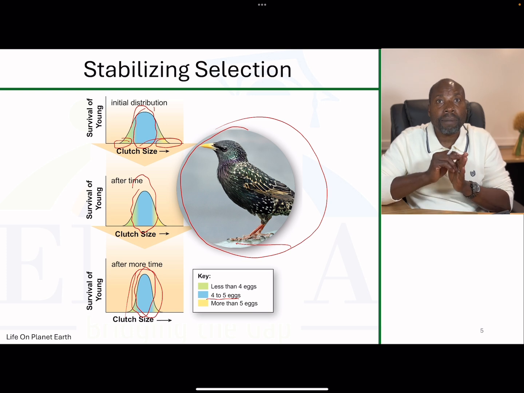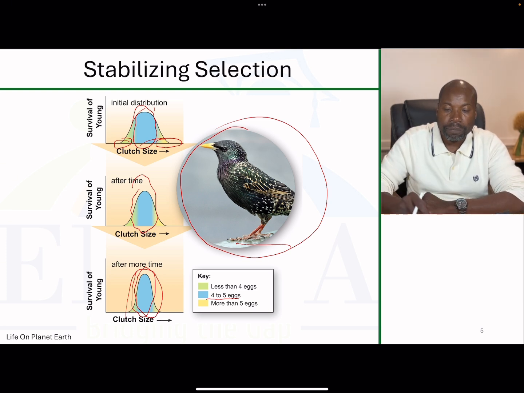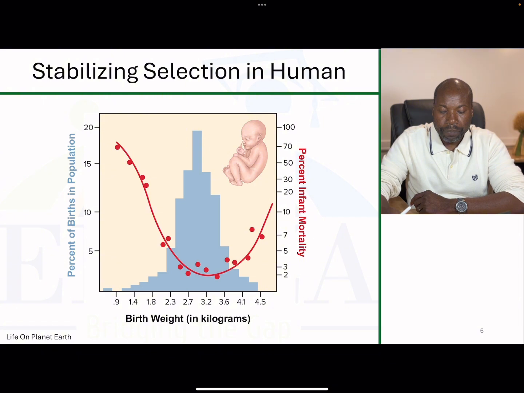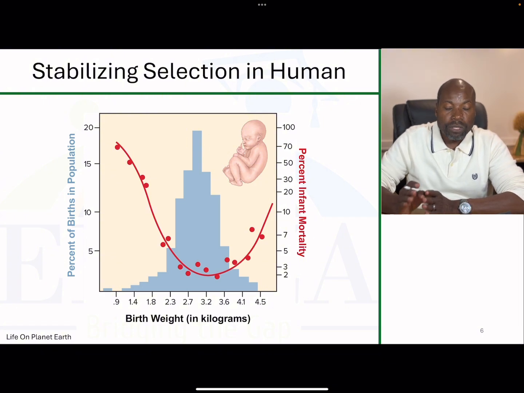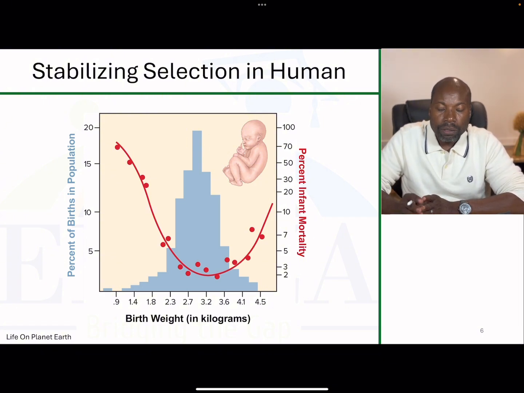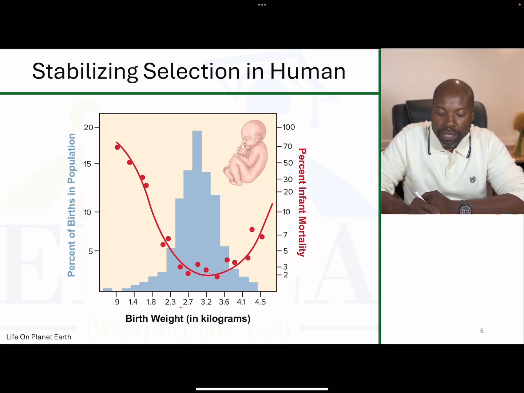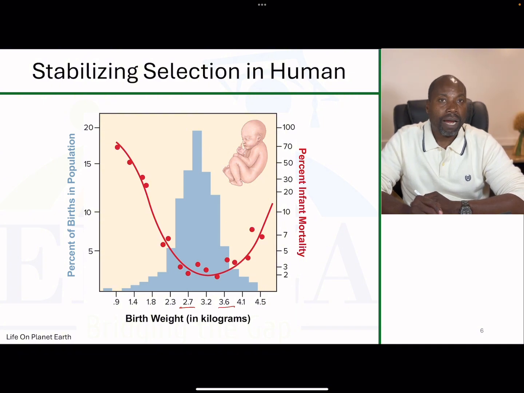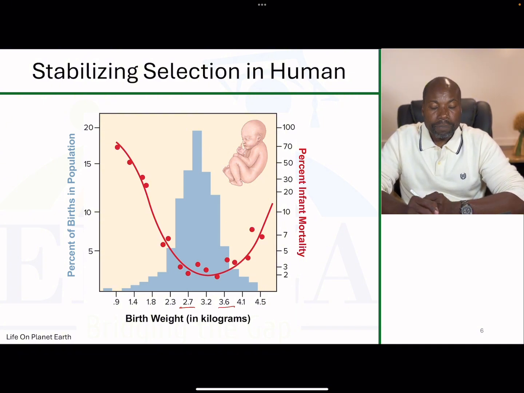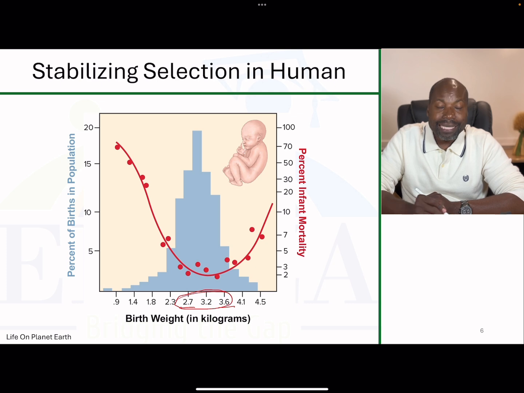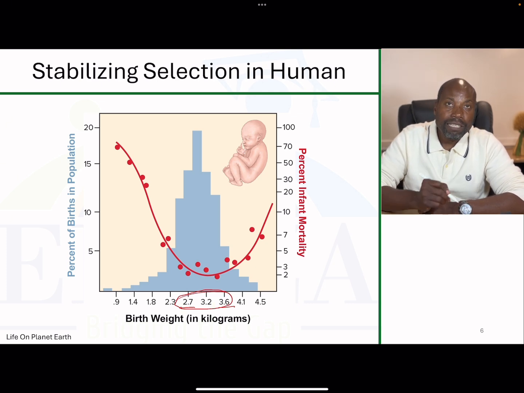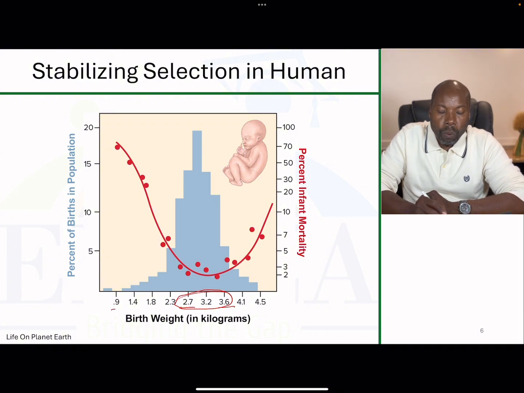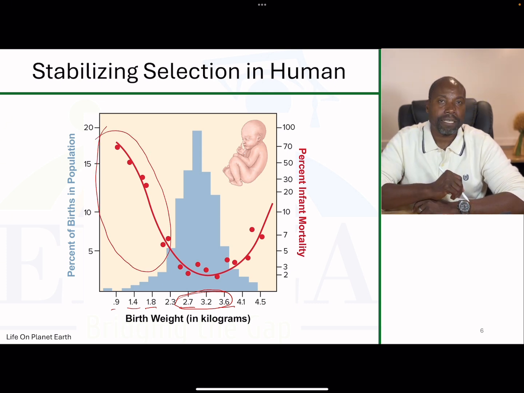Another example of stabilizing selection is that of humans. In humankind, individuals most likely are going to be born weighing 2.7 to 3.6 kilograms. Okay, now this weight is actually the average. Babies that are less than 1 kilogram, or 1.4, or even 1.8, have a higher chance of dying.